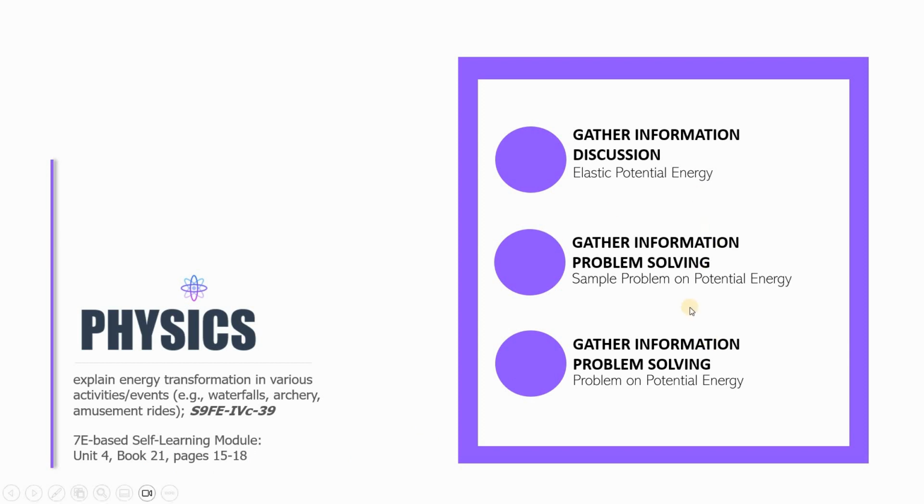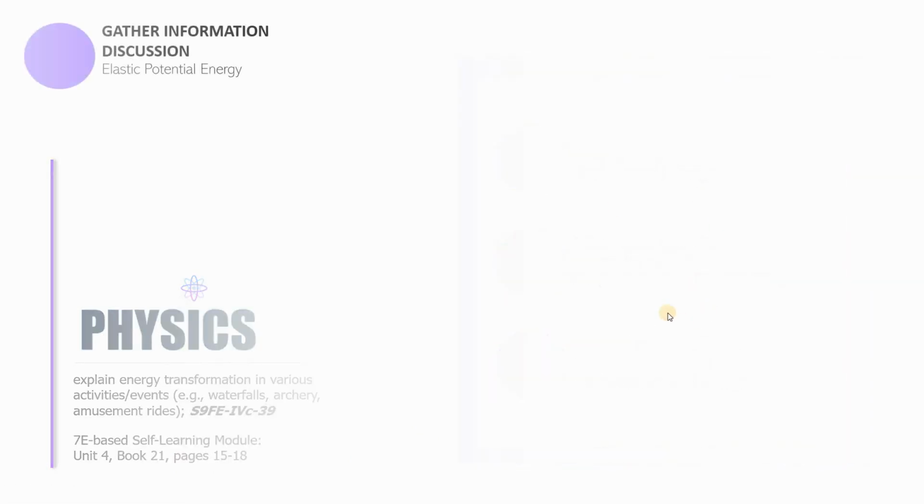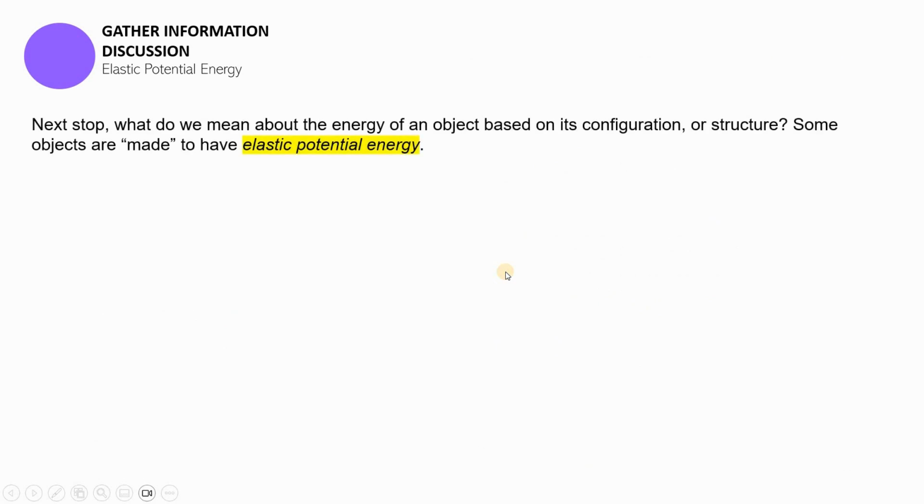Yeah, let's start. Now, you remember that in gravitational potential energy, ang mahalaga doon was yung position, right? Kung nasaan yung bagay relative to the center of gravity in the planet, right? This time, we're going to look at potential energy of an object based on its configuration or structure.